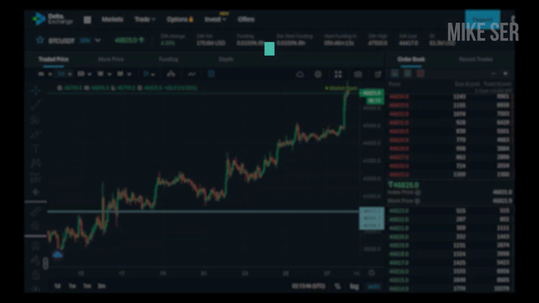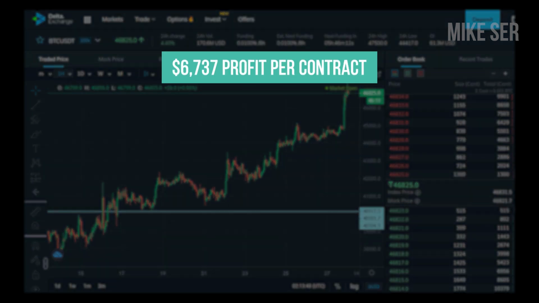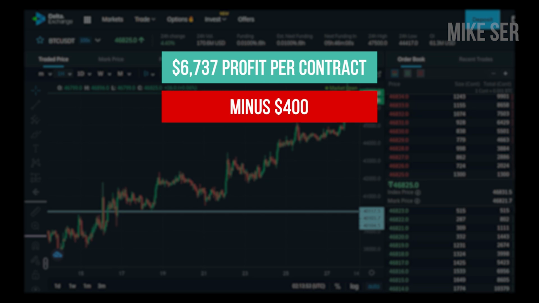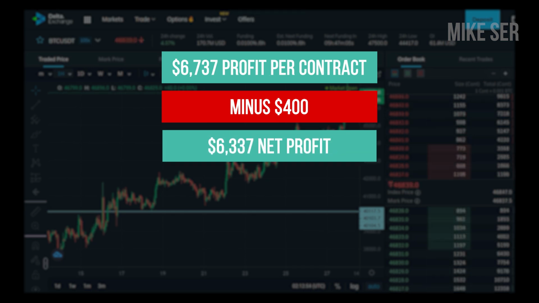So let's now calculate our profits on our Bitcoin futures contracts. Now we essentially made $6,737 per futures contract, and let's subtract the 2 times that we got stopped out, which was $200 each, or $400 in total, and our net profit is $6,337.